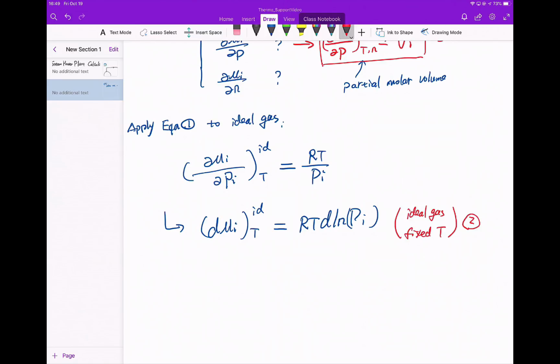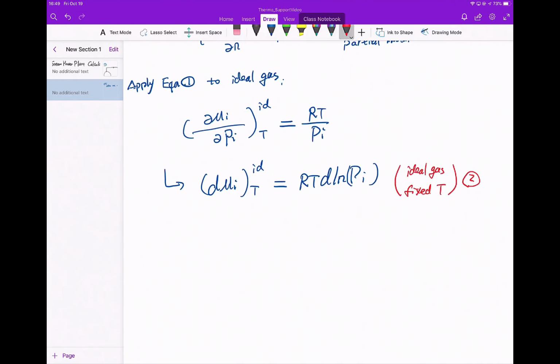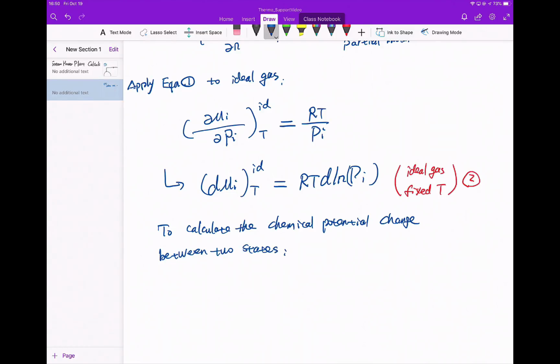Then if I'm going to run this integration, to calculate the chemical potential change between two states, then we simply integrate this from initial to final, d mu I will be RT d log Pi. This is my initial and final.